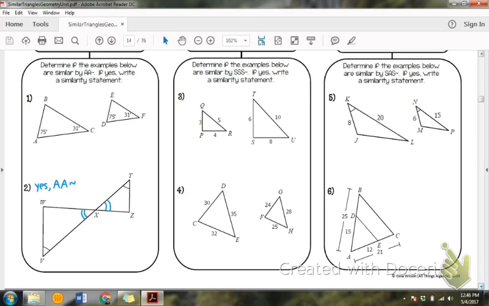And now if I said triangle VWX, that's similar to which triangle? If I say VWX, match it up on your paper.